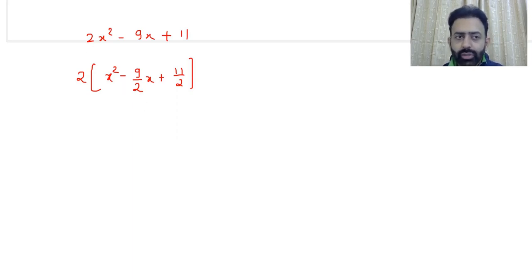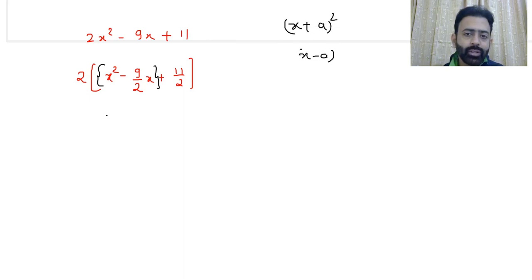Now I need to focus on these two terms. There will be two formulas that can be used, either x plus a whole square or x minus a whole square. The only difference between these two formulas is the sign of the coefficient of x.